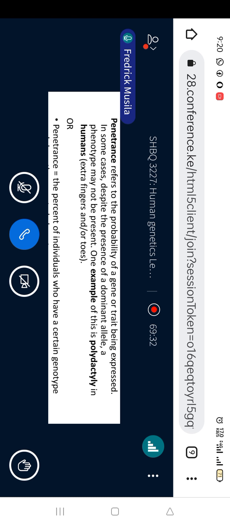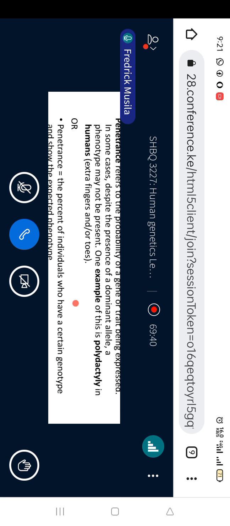For example, Mendel's traits show penetrance of 100%, but for some traits penetrance is not 100%. If 80 out of 100 show the phenotype, the penetrance will be 80%. The others have the genotype, but they don't show it.